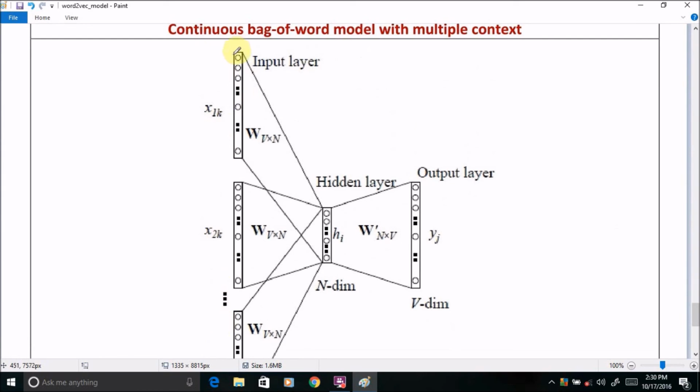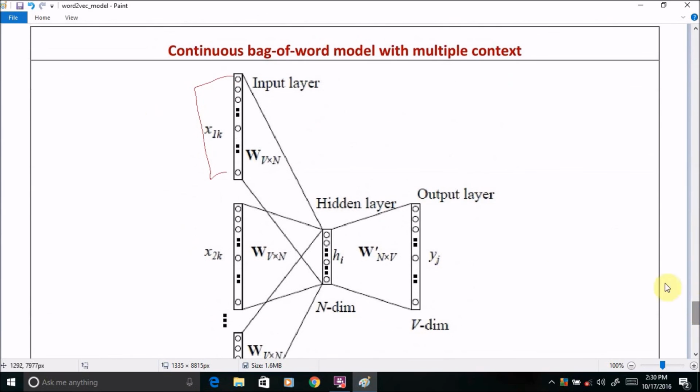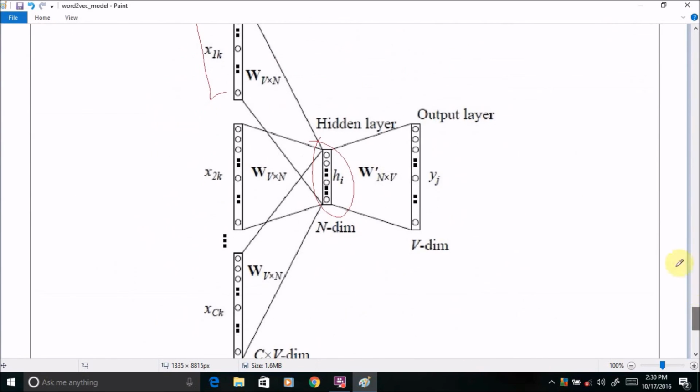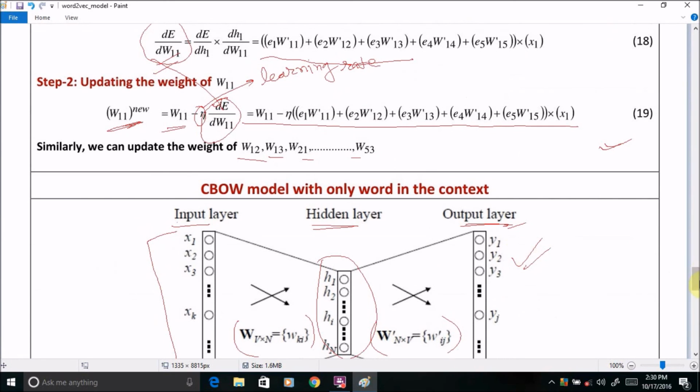This is the first input, and this is a mirror representation of this input context. This is the hidden layer part, which is entirely the same, and this is the output layer node, which is almost the same as this output layer node.